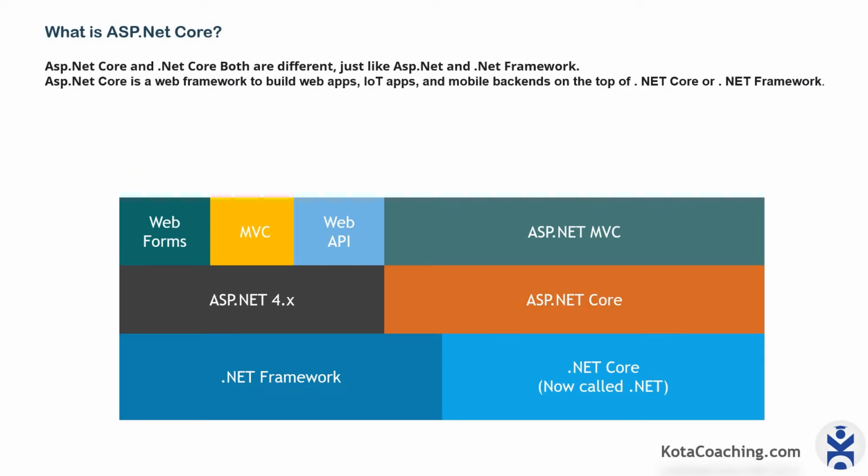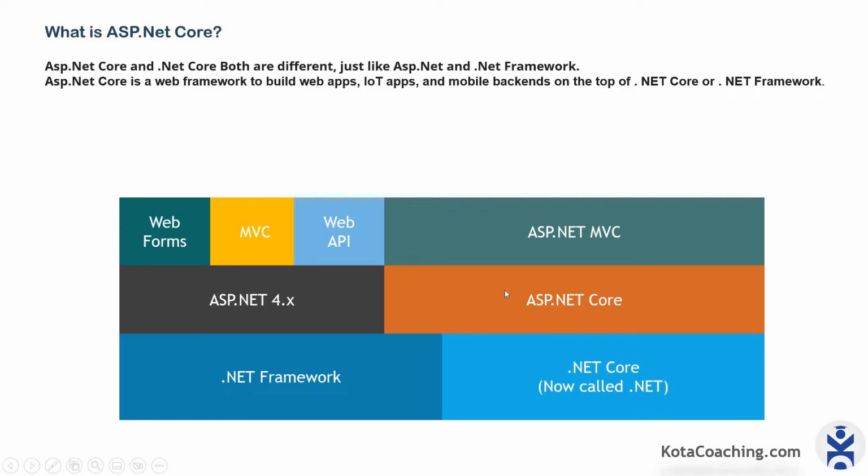What is ASP.NET Core? ASP.NET Core and .NET Core are both different, just like ASP.NET and .NET Framework. ASP.NET Core is a web framework to build web applications, IoT applications, and mobile backends on top of .NET Core and .NET Framework.